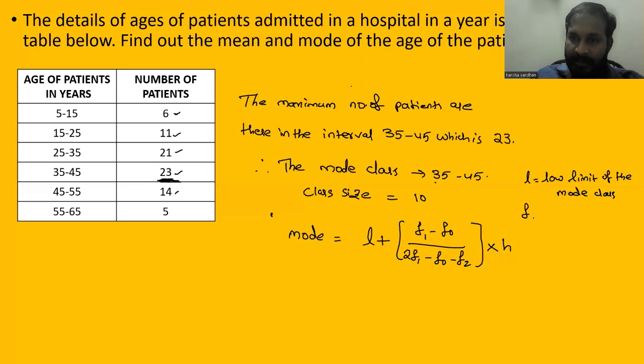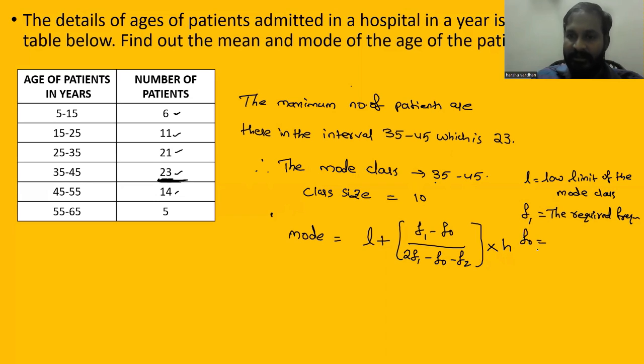Next, F1 is nothing but the required frequency, or the maximum frequency. That is nothing but this 23. Maximum number of patients are there, right? So that is the frequency.